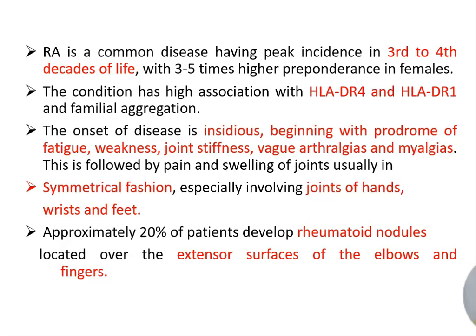The onset of disease is insidious, beginning with a prodrome of fatigue, weakness, joint stiffness, and vague arthralgias and myalgias. Pain and swelling are the key parameters of the problem. We see the pain and swelling in a symmetrical pattern, where both hands and both feet are uniformly affected.